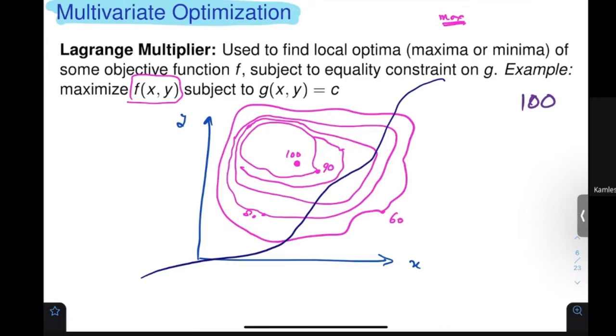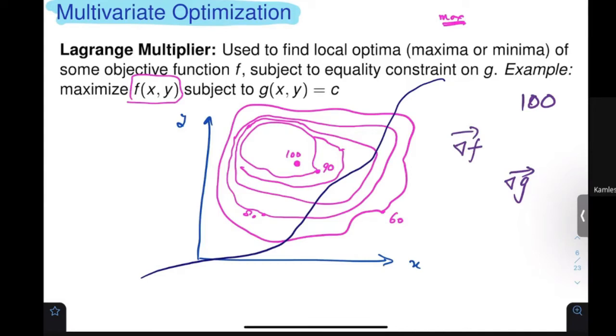Makes sense? And after that, again the same thing happens: the contour is in this direction and the line is in this direction. So there would be some point where the maximum is going to happen. The property of that point is that if you find the slope of the f function and the slope of this line, they are aligned, in the same direction.